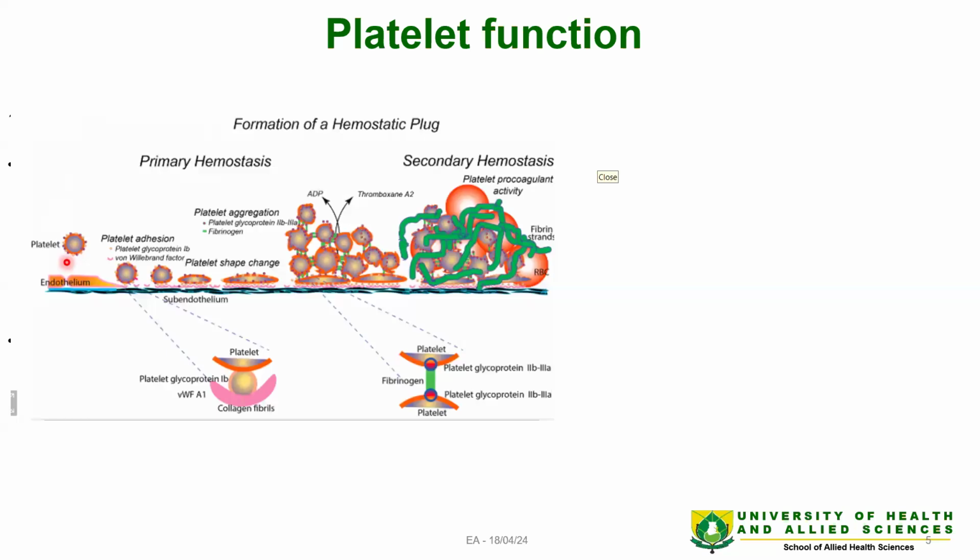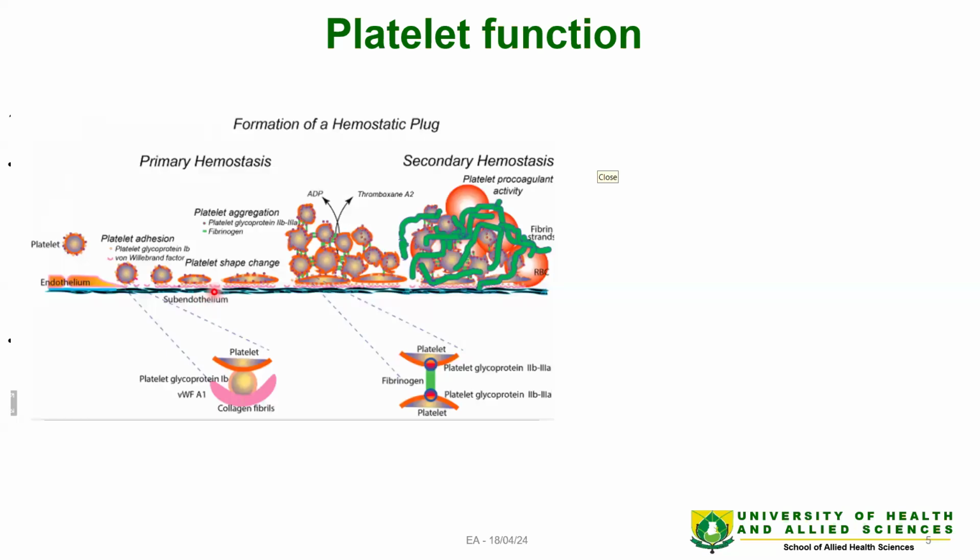Over here, we can see the process of a platelet moving close to the endothelium, and then following an injury to the site, platelets rolling over to the endothelial surface. In this case, they are exposed to the subendothelium. At the subendothelium, they adhere by binding to von Willebrand factor, which in turn also binds to the collagen fibrils found within the subendothelium.